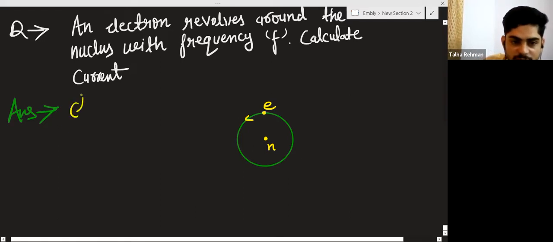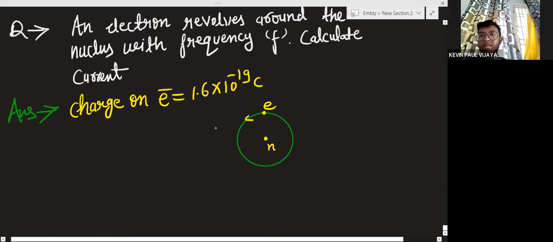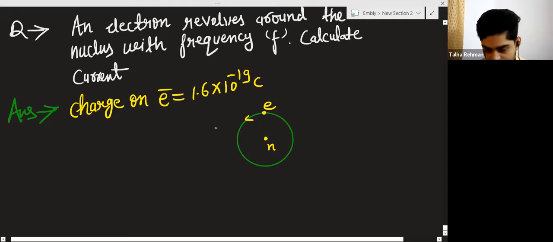We know that there is a charge on the electron. Charge on electron is 1.6 into 10 to the power minus 19 coulomb.